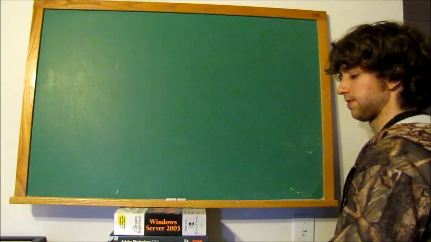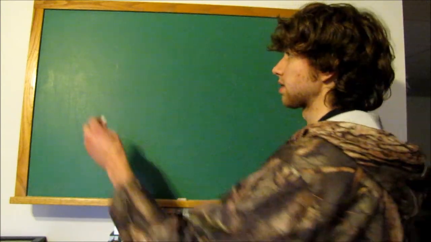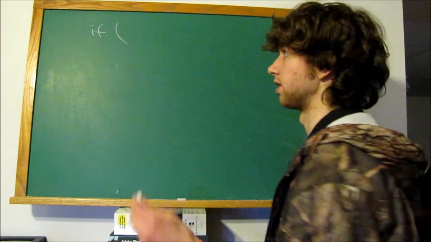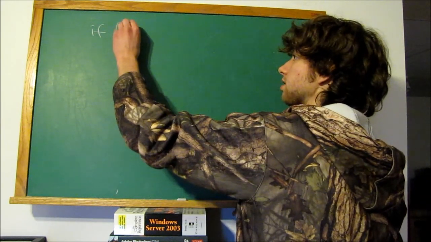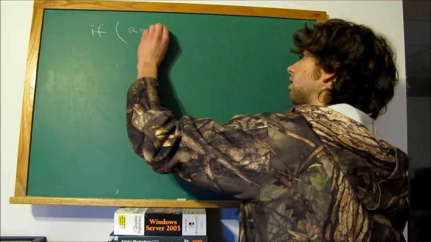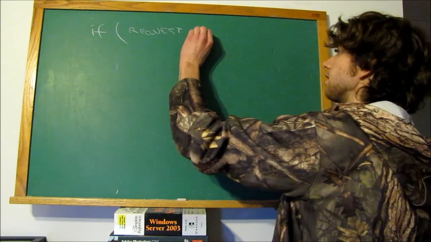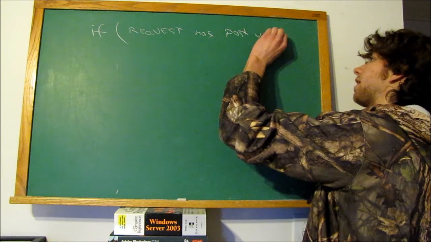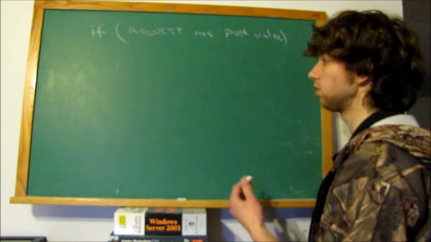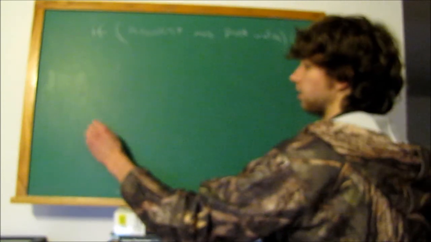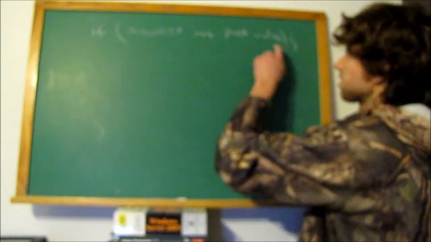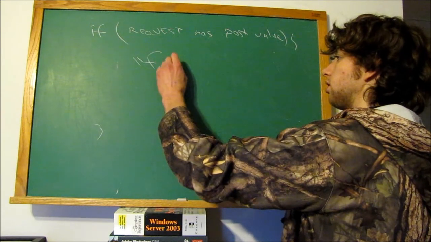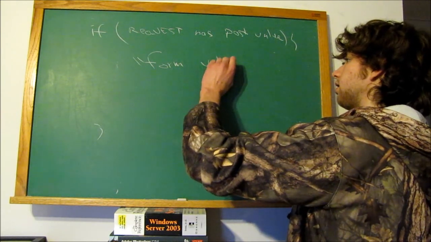So let's just do a little if statement in pure English. Basically, if the request has post value, that's our little test. If that's true, whatever we put within these code will execute. So if it has the value post, we want the form to be validated.